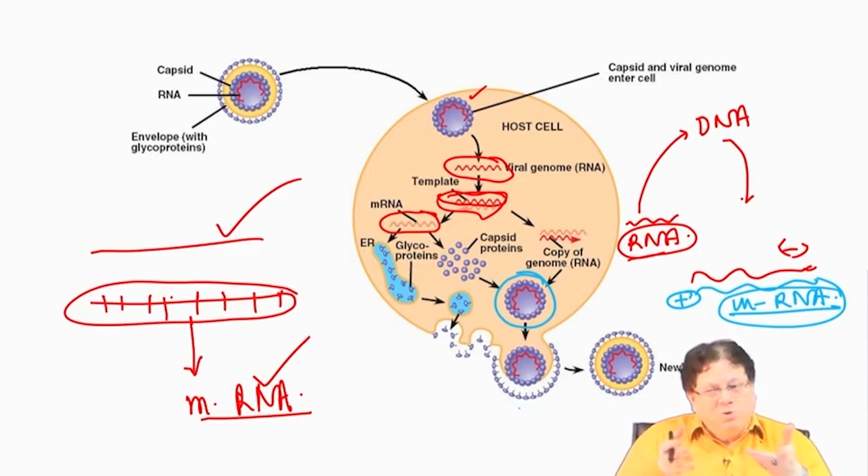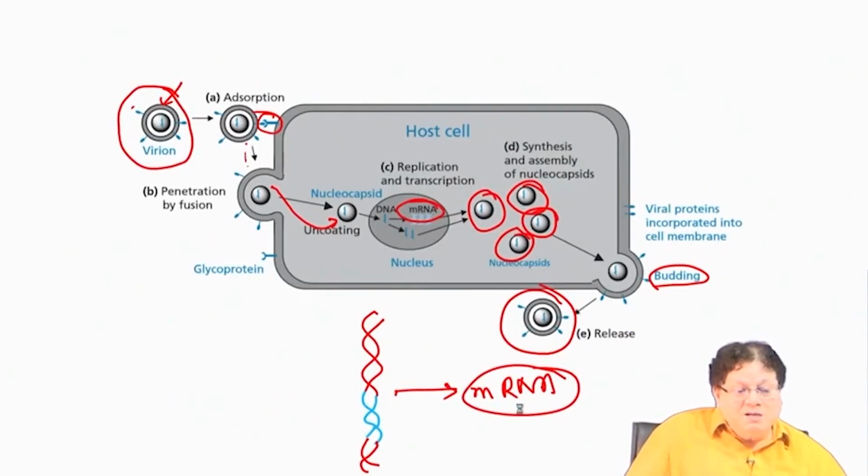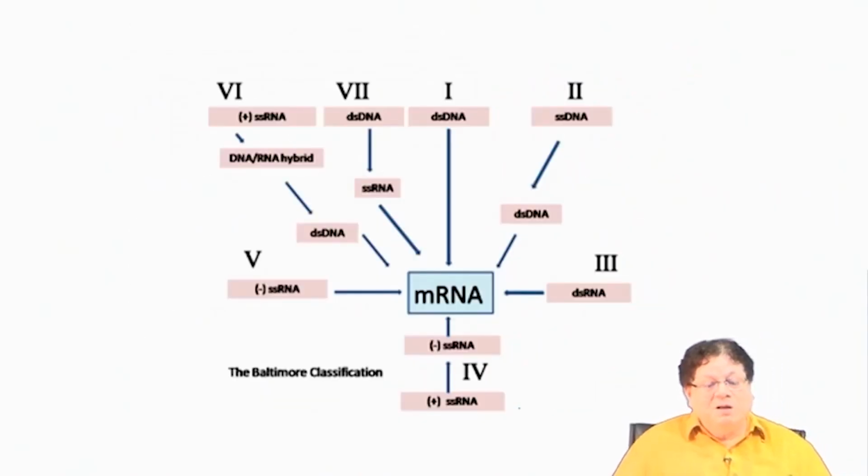There are two types, plus and minus strand. A famous biologist, David Baltimore, first proposed this classification. I am not showing Baltimore's classification, but you can get it from any textbook or the internet. He classified viruses into 8 types.